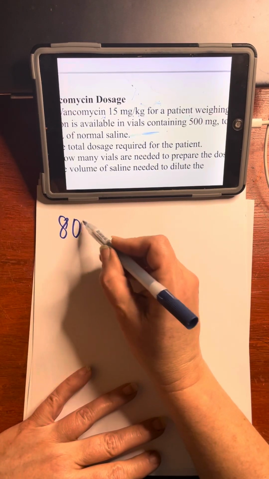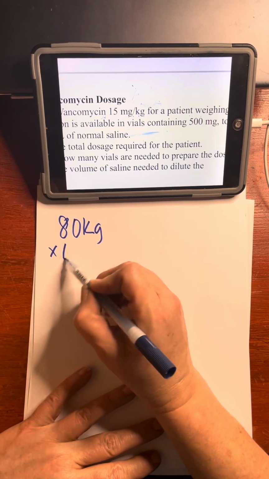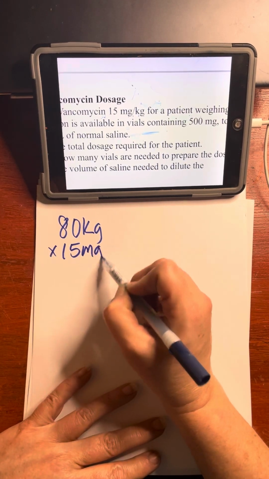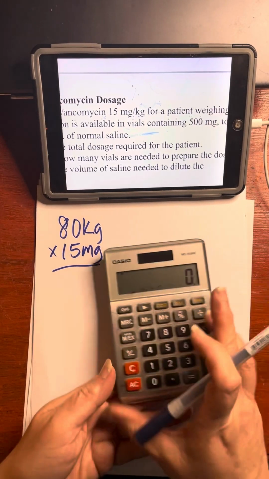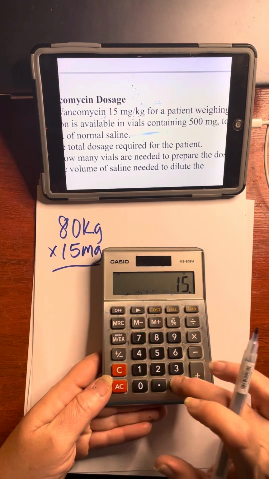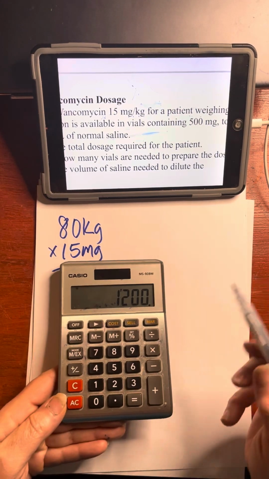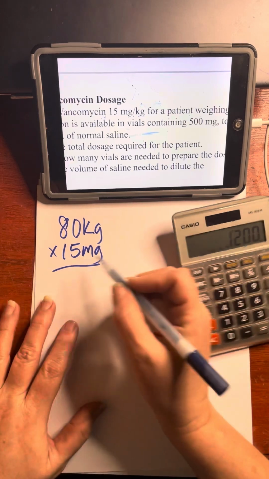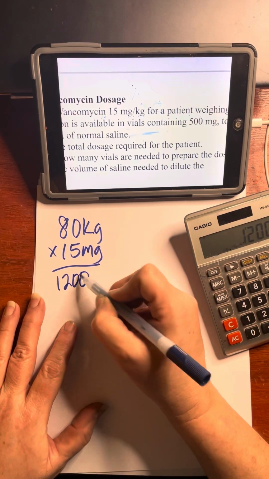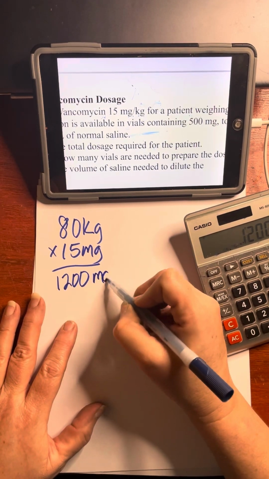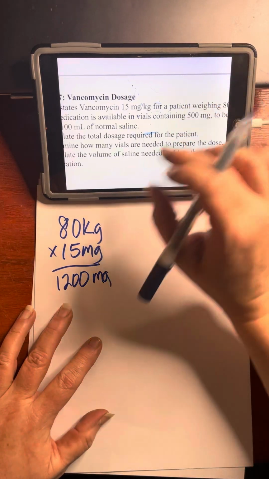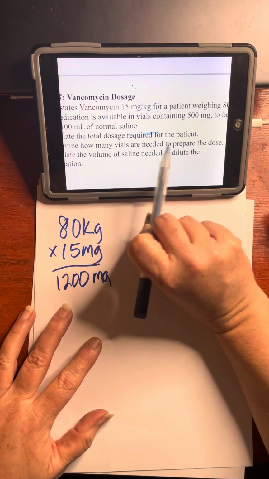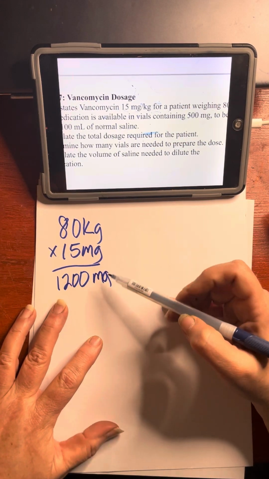So we're going to do 80 kilograms times 15 milligrams. Okay, 80 times 15 equals 1,200 milligrams. And so that would be the total dose required for the patient.